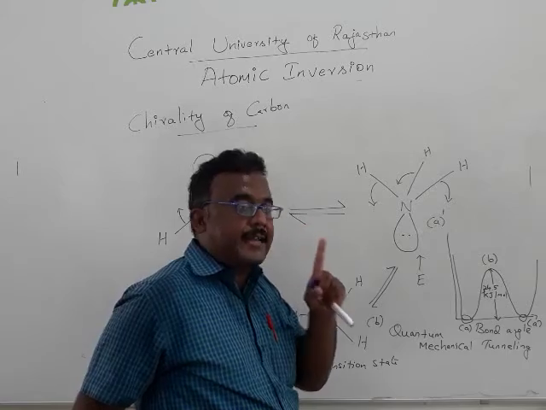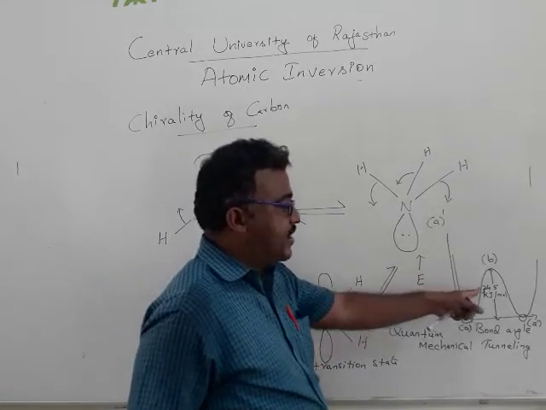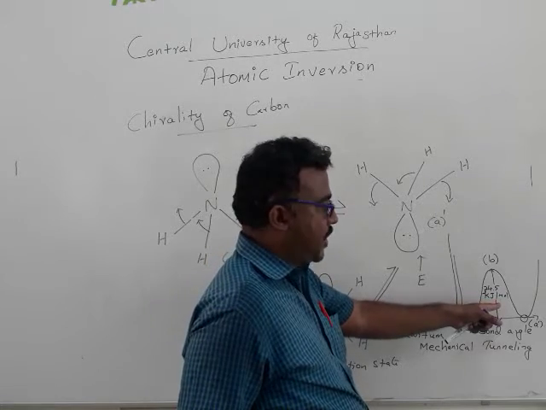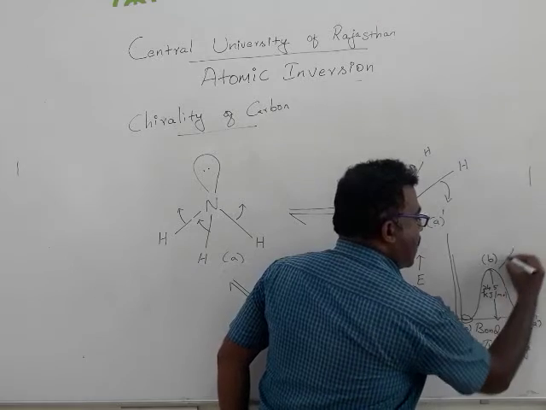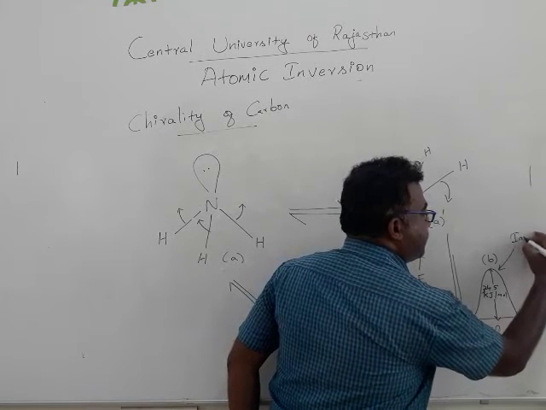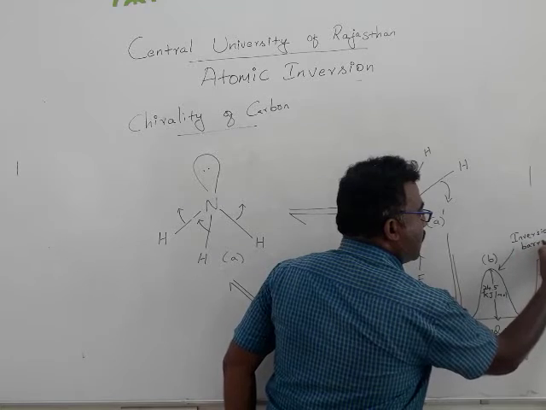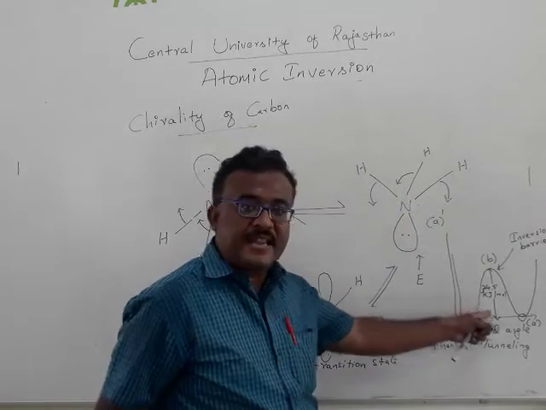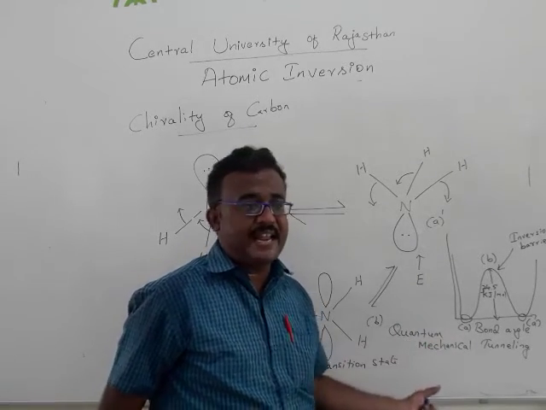One is that the central atom should be lighter. The second one is the inversion energy, the barrier. This is called the inversion barrier. The inversion barrier energy should be as small as possible. Only then can quantum mechanical tunneling happen.